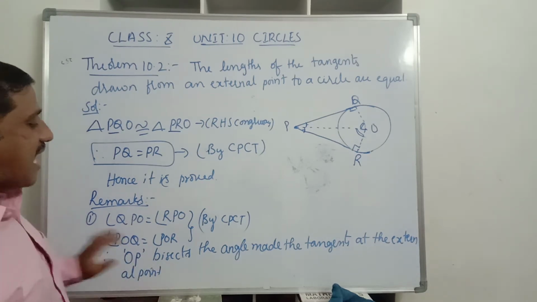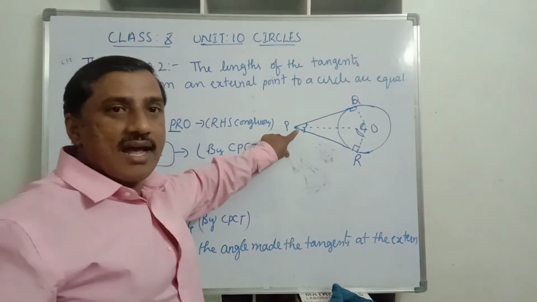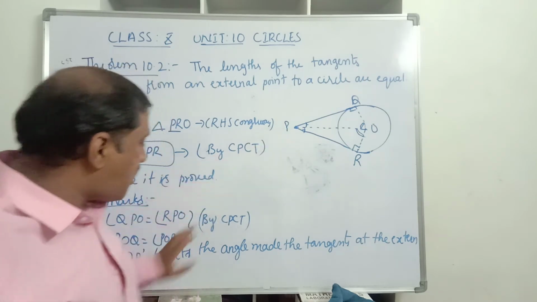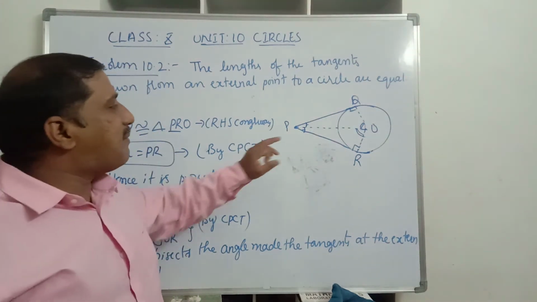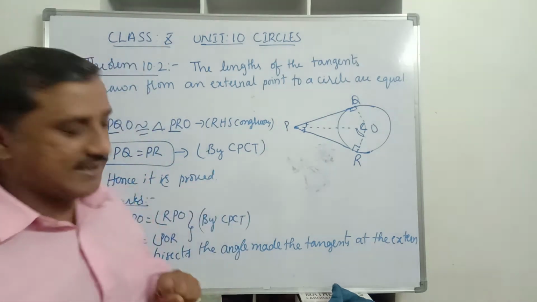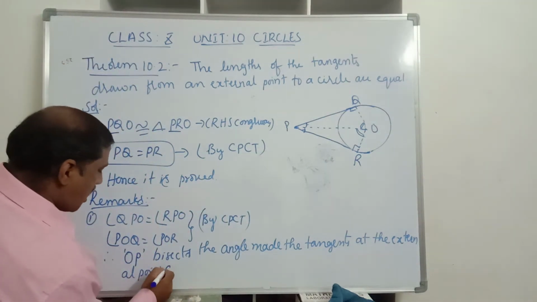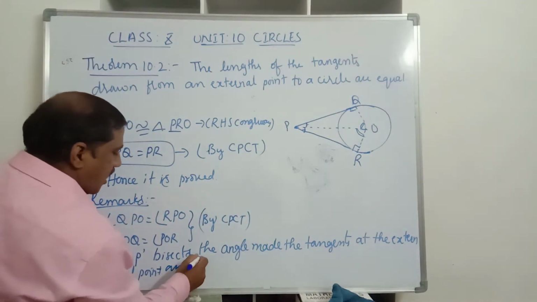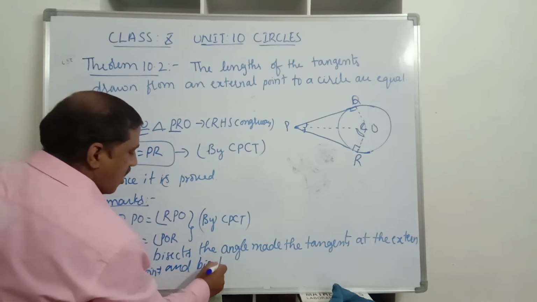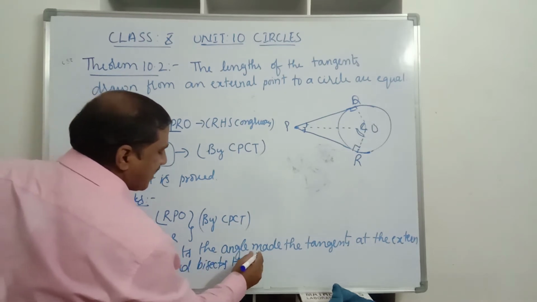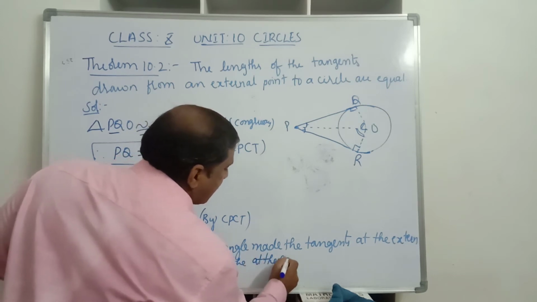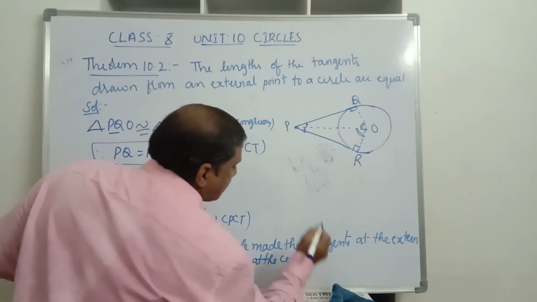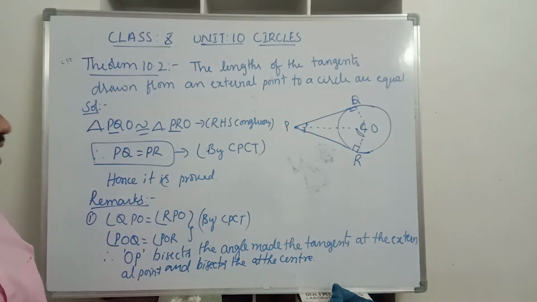OP bisects the angle made by the tangents at the external point, and also it bisects the angle made by the radii at the center. So it bisects the angle at the center.